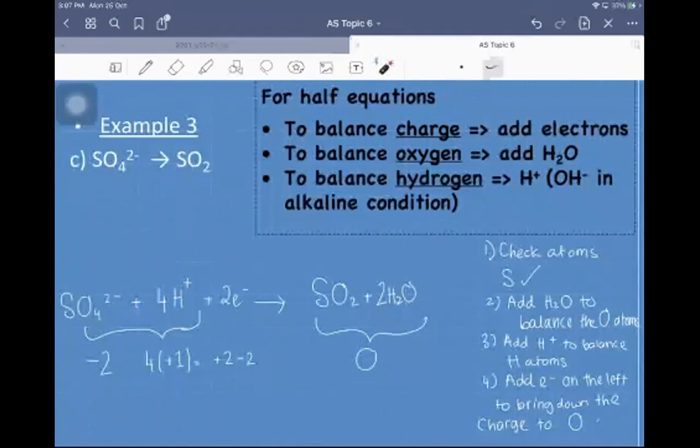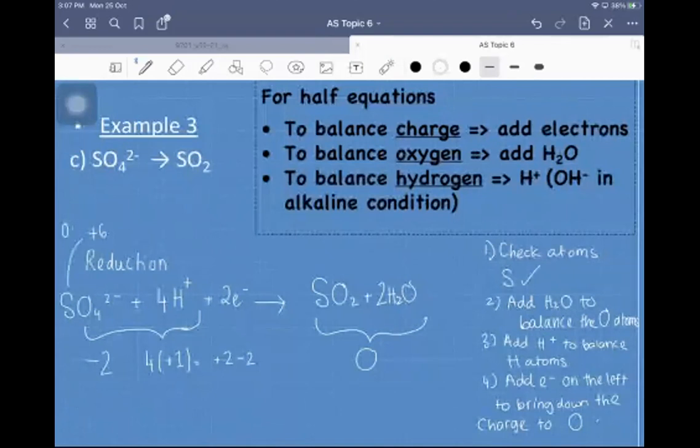Next, I just wanted to point out that this is a reduction process because sulfate has gained electrons, 2 electrons to be more specific. And if we want to talk about the oxidation state, sulfur would be -2 plus 8, which is +6.